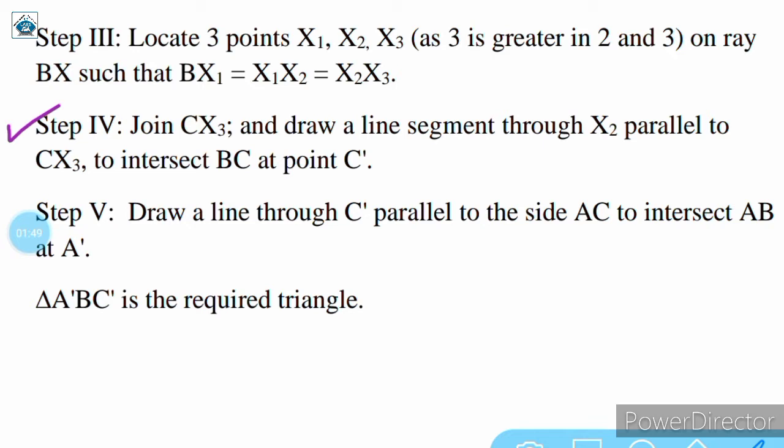Join CX3 and draw a line segment through X2 parallel to CX3 to intersect BC at point C dash. Step 5. Draw a line through C dash parallel to side AC to intersect AB at A dash. Triangle A dash B C dash is the required triangle.